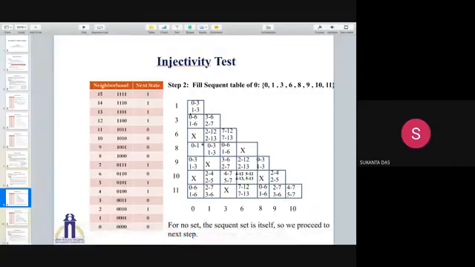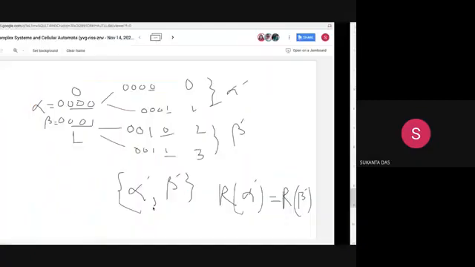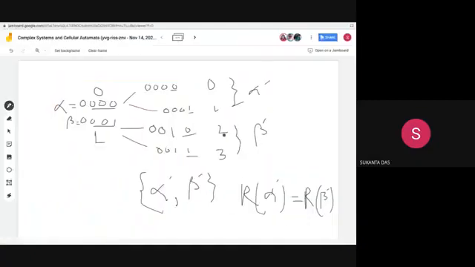Let's come back to this one. Here what I find is 0 and 3, alpha 0 and 3. But I get 2, and 2 is 1, so I cannot consider this 2. These 2 cannot be beta dash.